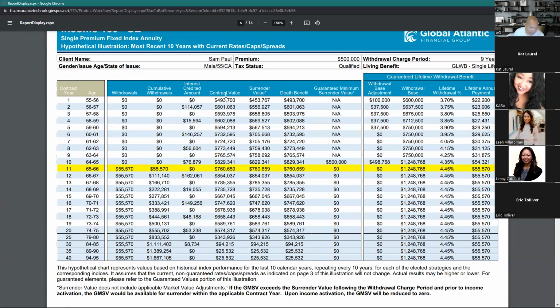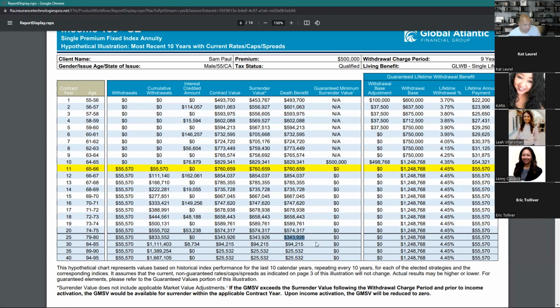And this is where you can say, you know what? If you live till you start withdrawing over here, this is the death benefit. Let's say they live till 80 years old. Even though they've withdrawn 833,000, they're still at a 343,000 benefit. If this was a pension plan, this 343 would go back to the employer.